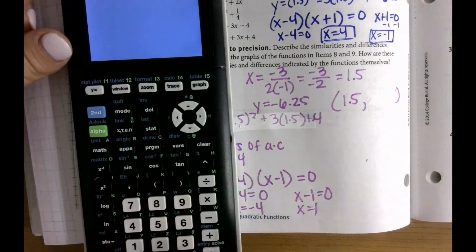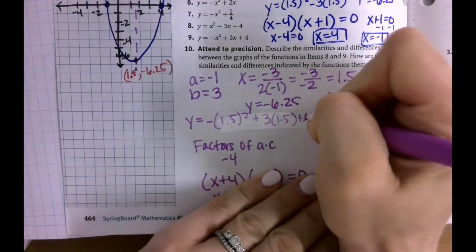Hold on, did I put this all? Oh, negative. Okay, negative parentheses 1.5 squared plus 3 times 1.5 plus 4. 6.25. Different vertex than number 8.